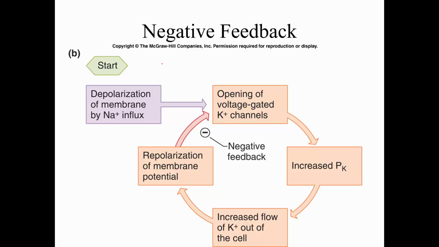And that event is the inactivation. Now, the repolarizing phase of the action potential is a negative feedback mechanism because, again, the original stimulus was a depolarization. The depolarization by sodium coming in opens the voltage-gated potassium channels. And as you open potassium channels and increase potassium permeability, potassium flows out of the cell and causes repolarization.